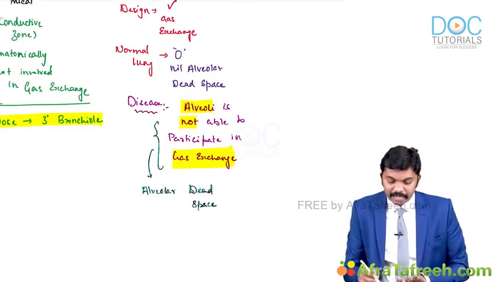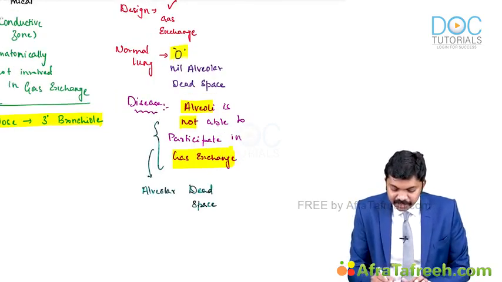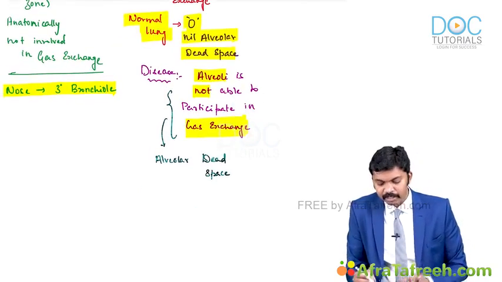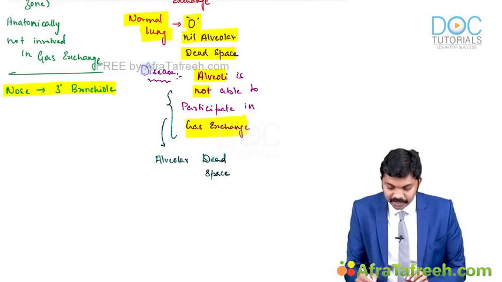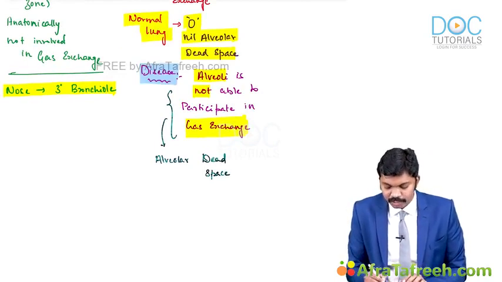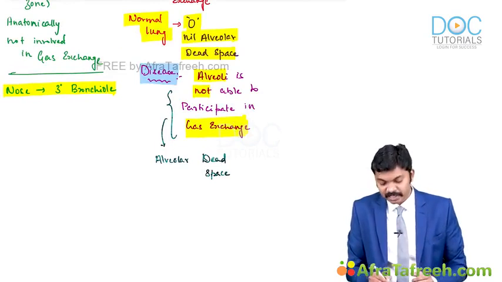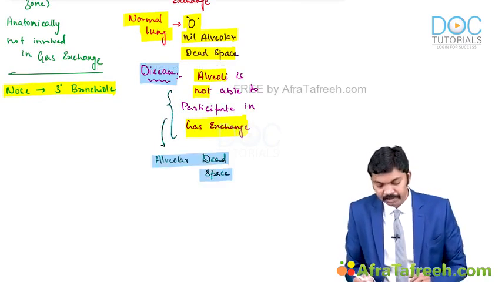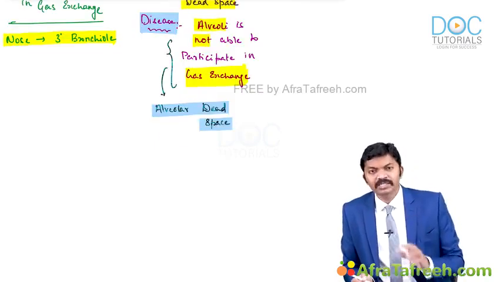Remember, alveolar dead space does not exist in a normal lung. It will be seen only in a disease state. Only in a disease state do certain alveoli not involve in gas exchange, and those alveoli are called dead spaces, doctors.